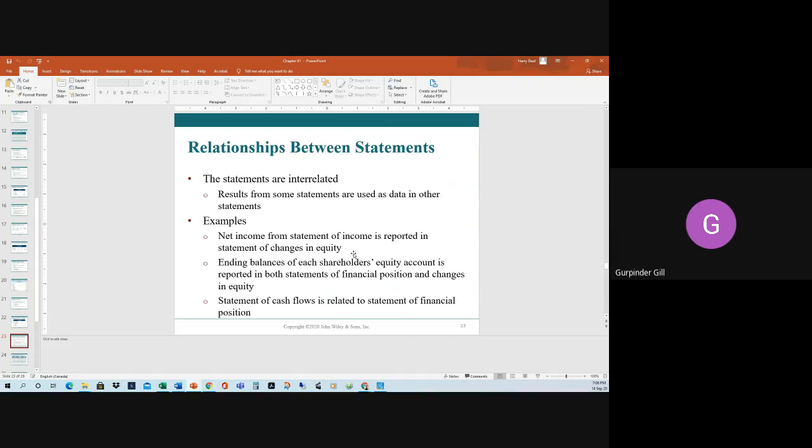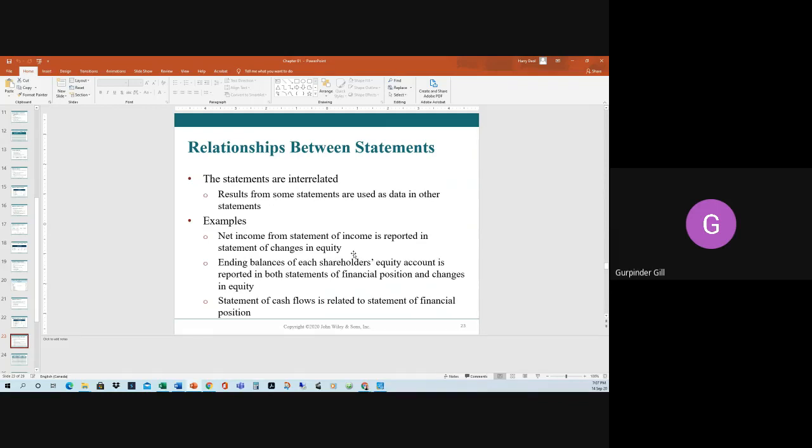Now, the relationship between your financial statements. A couple of slides ago, when we listed the four statements, we said they are always prepared in order: your statement of income first, which is your revenue and expenses, then your statement of changes in equity, then your statement of financial position, and finally your statement of cash flow. Why do we make them in the same sequence?